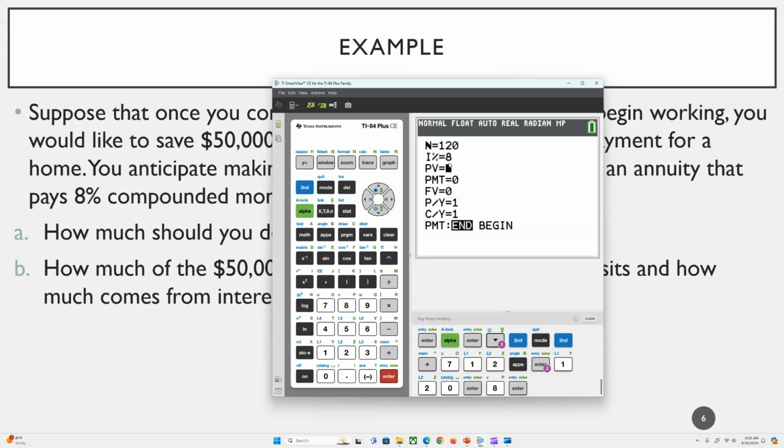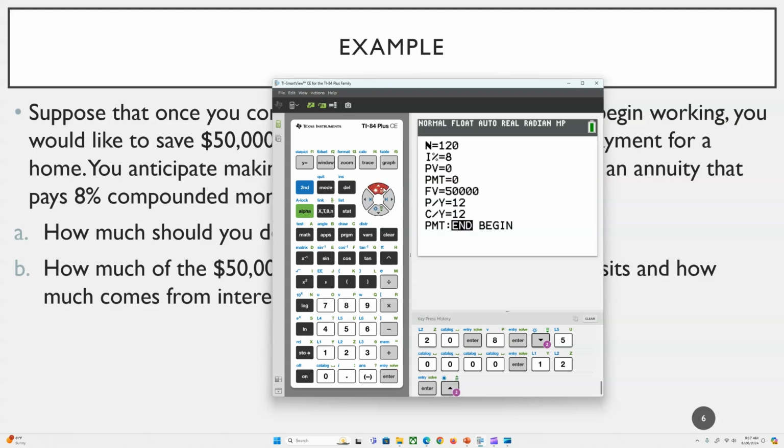Well, the account starts with 0 until I start saving. So I'm going to leave that as 0. PMT, I'm going to come back to that because I'm solving for it. And I want to have $50,000. And I'm going to do 12 payments per year. And it's compounded monthly, so 12 compounds per year. And I said it was end of month deposits.